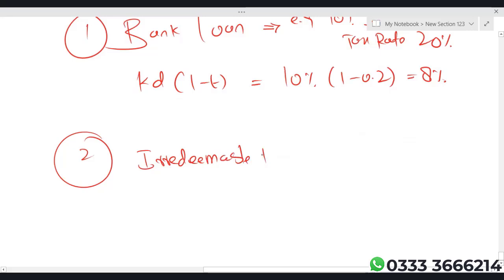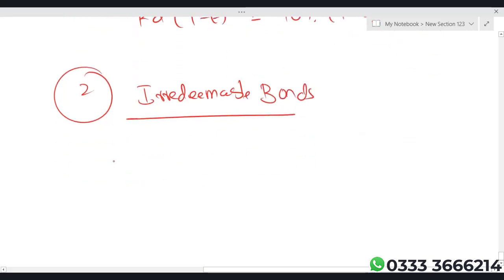Second, irredeemable bonds. KD1 minus T is equal to I1 minus T upon P naught into 100.